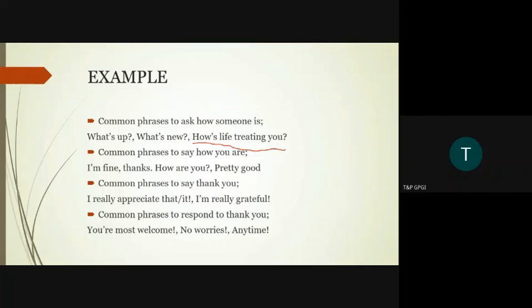If nothing's changed and everything is the same as usual, what can you say? Same old, really. If things aren't going well, you can use the other one.